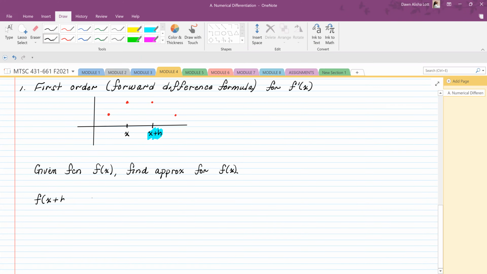That's why I was confused. Now the next one, I get 4 over 3 factorial minus 1 over 3 factorial times 2 cubed, which is 8 over 3 factorial, times f triple prime at x times h cubed, plus more stuff.